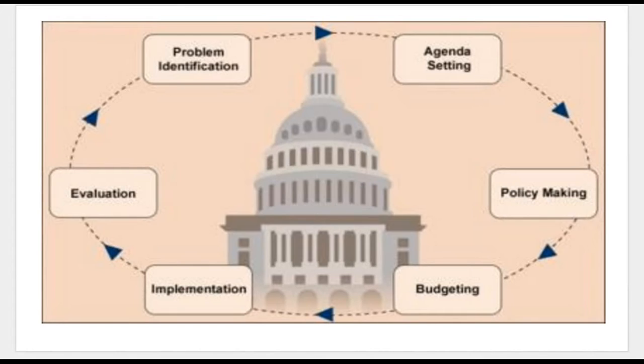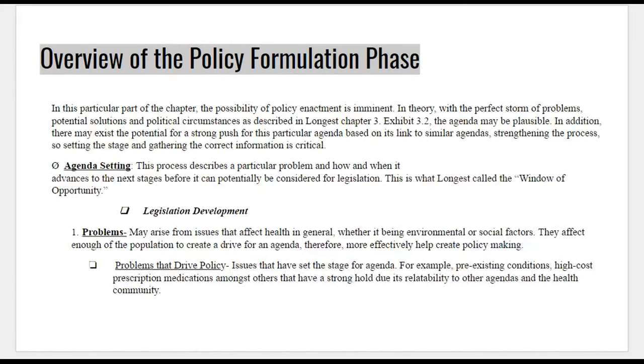In order to set an agenda, like I said, we need to have a problem. A lot of the problems that affect us nowadays, for example, can be pre-existing conditions, high-cost prescription medications, amongst others. I have an example in the HIPAA Act of 1996. A lot of people were not comfortable changing or switching jobs because of potential questions with regards to pre-existing conditions when they wanted to apply for health insurance.